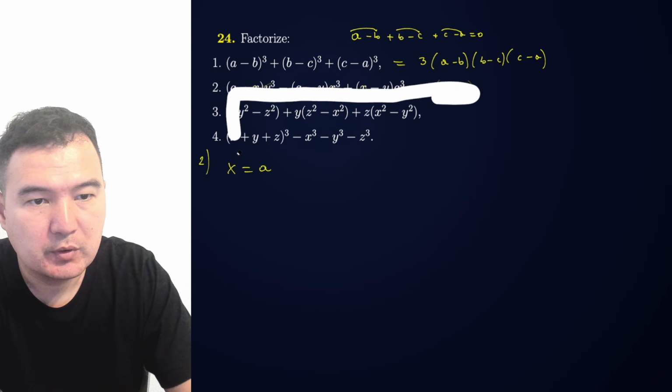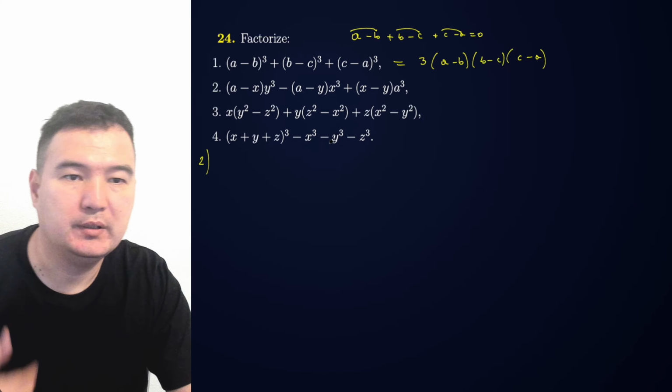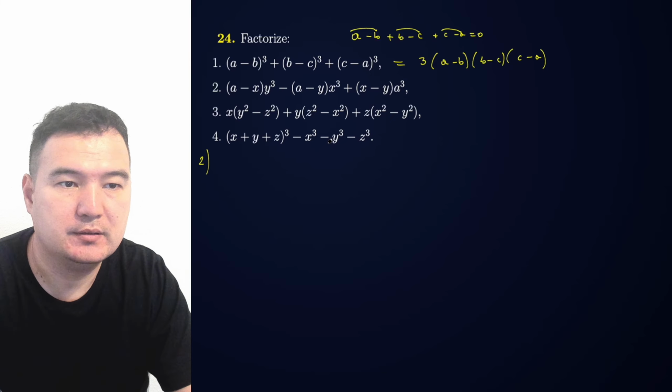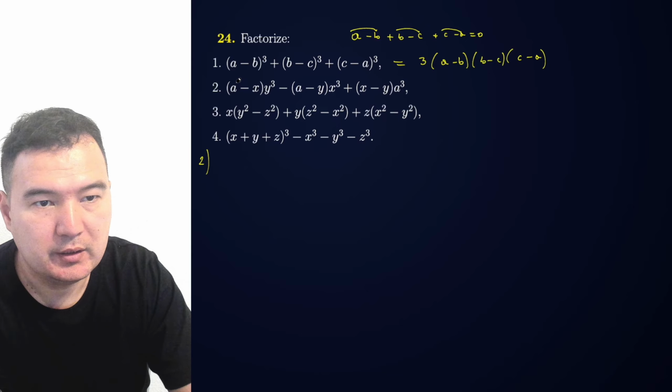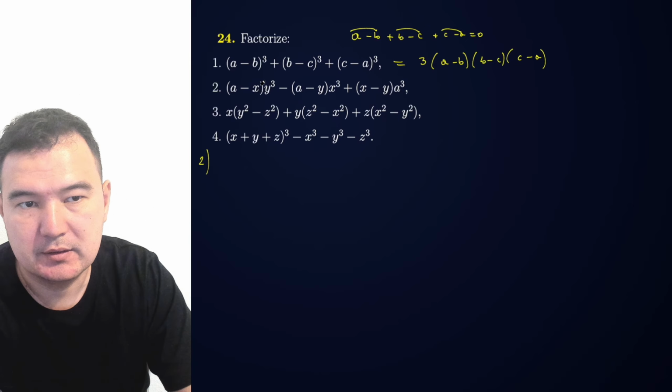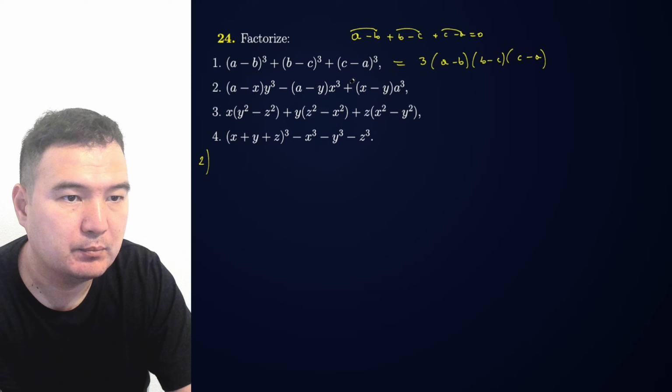That gives you the idea, right? x minus a, or a minus x, is one of the roots. So here we have a minus x as a factor. Now probably I will have a minus x as a factor here as well.